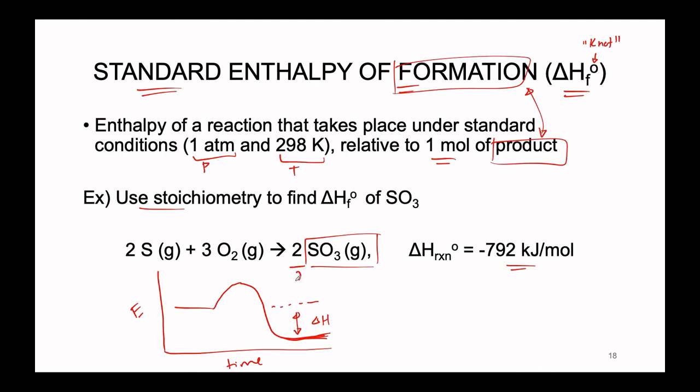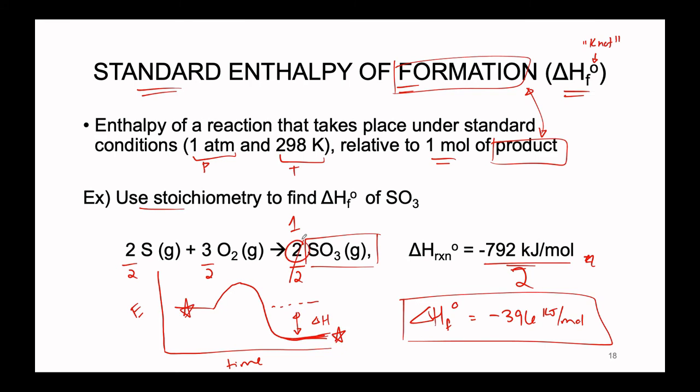We are going to divide everything by 2 to make sure that the coefficient in front of the sulfur trioxide turns into a 1. And if we scale a reaction up or down, we must also scale the enthalpy up or down. Since we're scaling this reaction down by a factor of 2, our delta H of formation for SO3 is going to be equal to negative 396 kilojoules per mole.